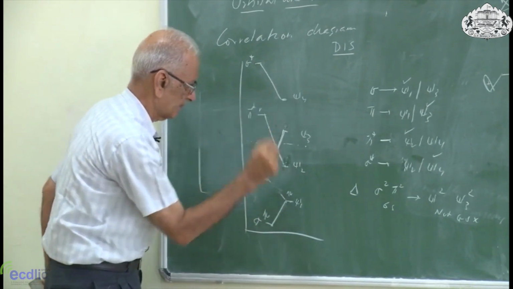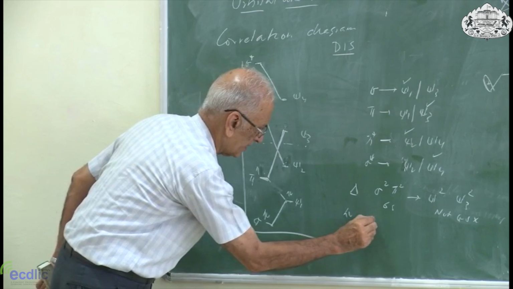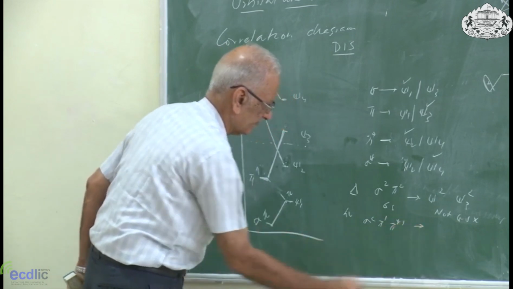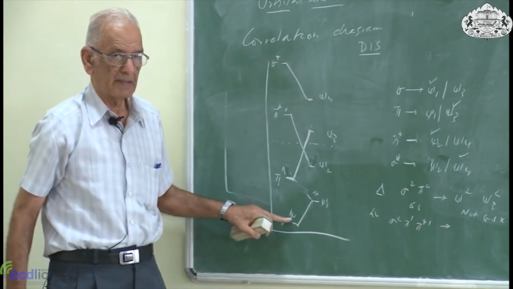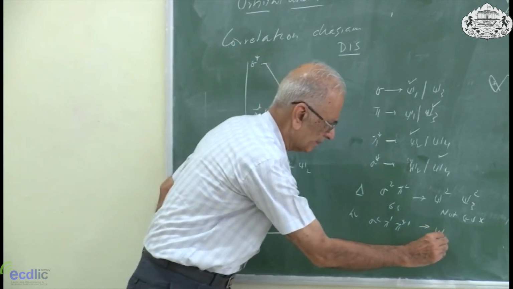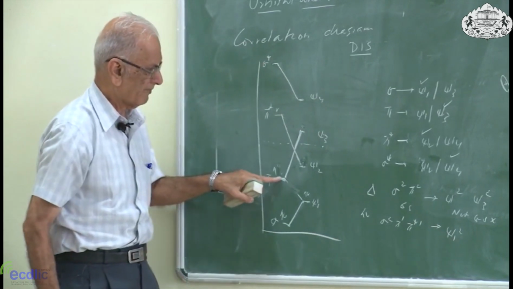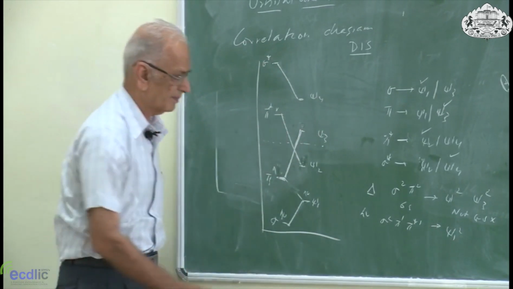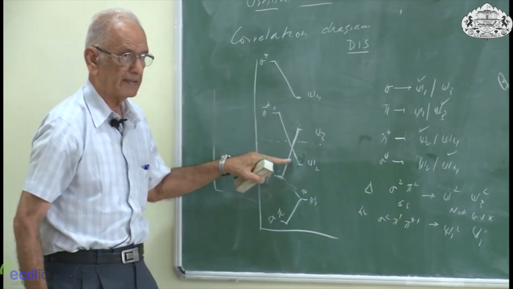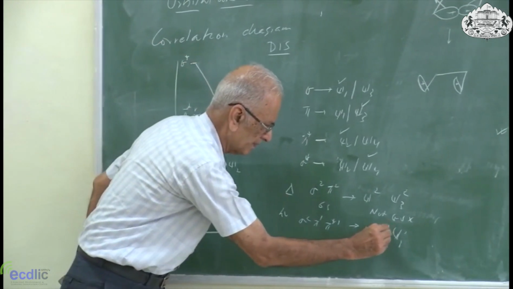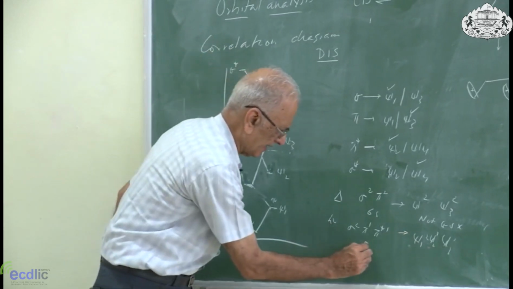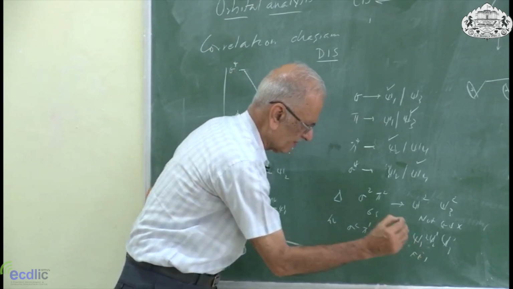Photochemical: sigma 2 pi 1 pi star 1. Sigma 2 will go into psi 1, pi 1 will go into psi 3, pi star 1 will go into psi 2. Psi 1 2, psi 2 1, psi 3 1, first excited state.